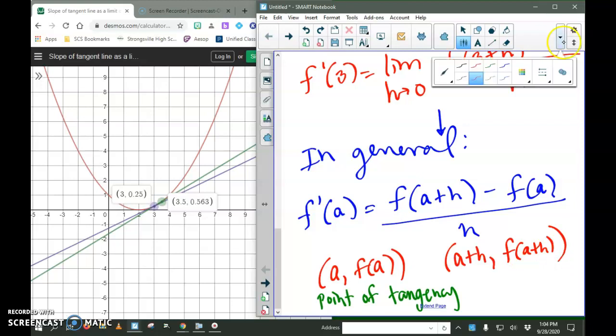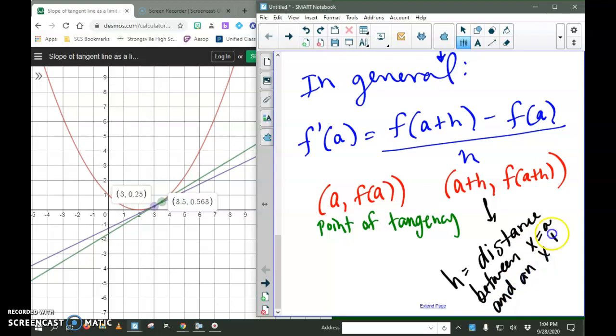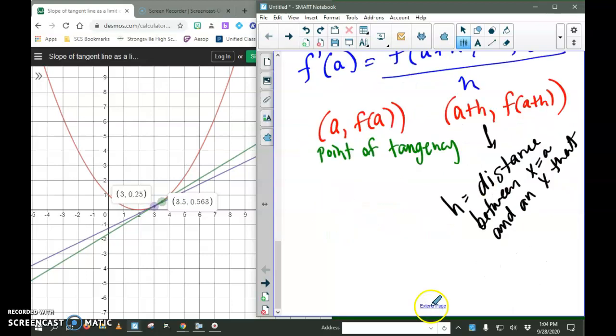And again, I just want to make the same comment that I did earlier. H represents the distance between the x value of a and an x that gets closer and closer to a.